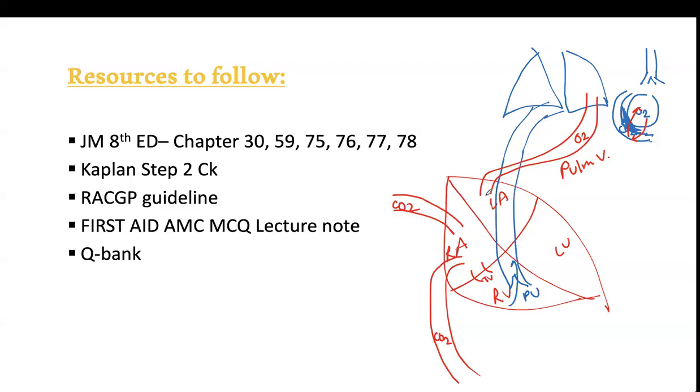Oxygenated blood, and then from the left atrium, it goes to the left ventricle through the mitral valve. And then from the left ventricle, it goes to the aorta. And in here, we have got the aortic valve. And through the aorta, blood will move to the whole body.